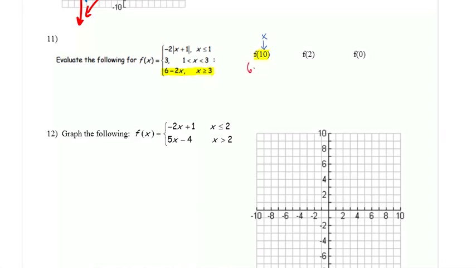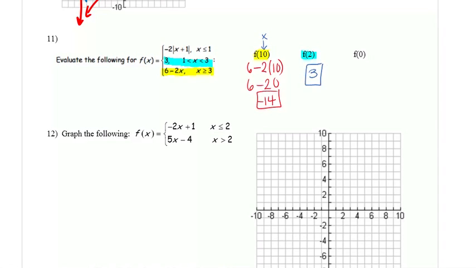So I plug in 6 minus 2 times the 10. That'd be 6 minus 20, which would be negative 14. The next one is saying x is 2, and that's our middle case because 2 is in between 1 and 3. Okay, and that means that the value is just 3.